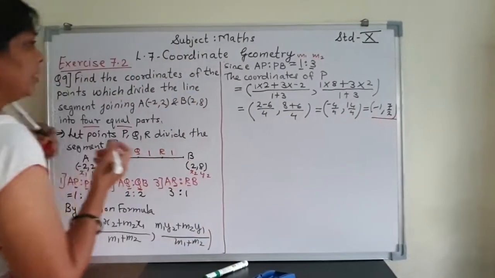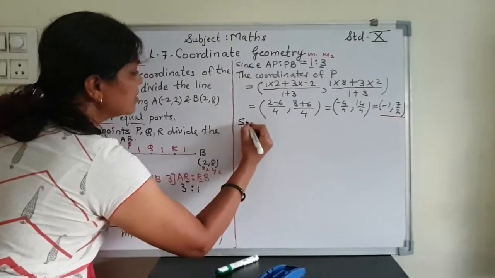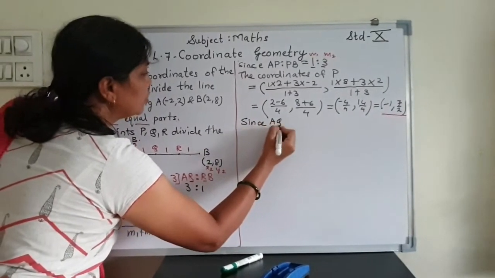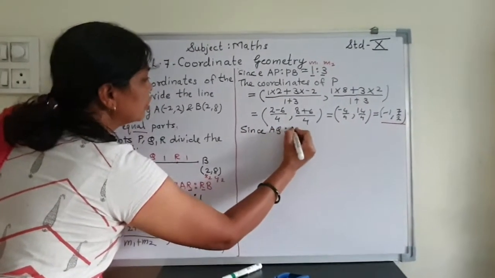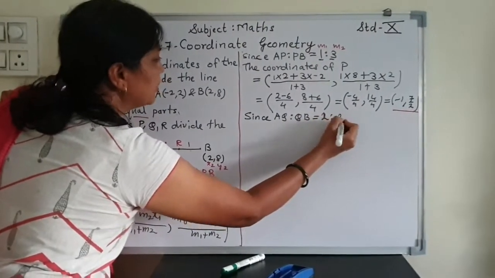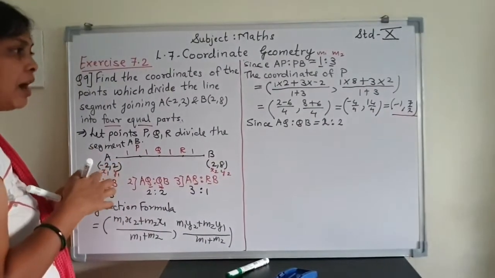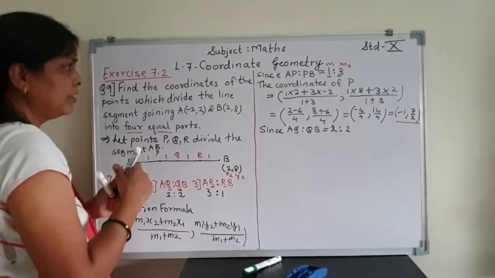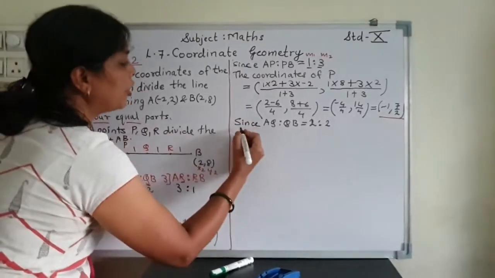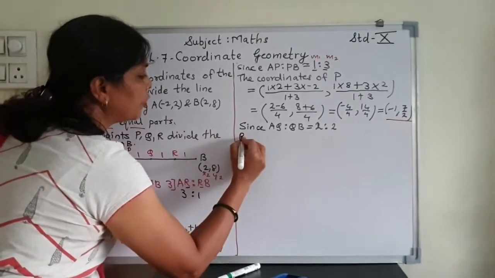So similarly here, since AQ is to QB is equal to 2 is to 2, it means both are equal. Ratio is 1. So that's why we use the midpoint formula.